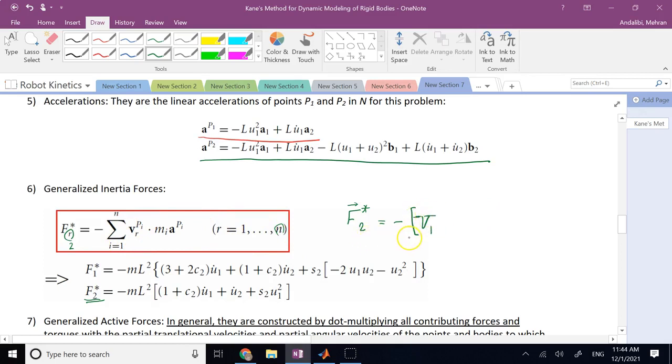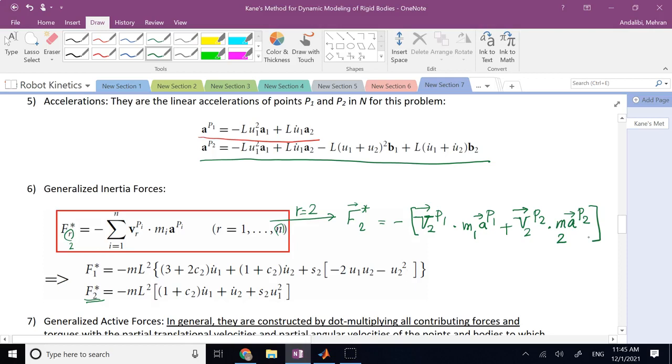Remember, R is 2, so V2, because R is 2, of P1, first I goes 1, dot M1 A of P1, then plus V2 of P2, the second component of it, dot M2 A of P2. So this is how we expand it.